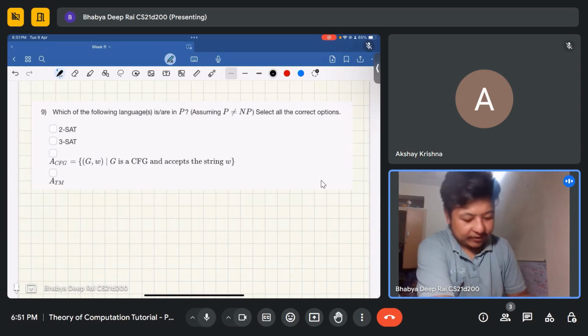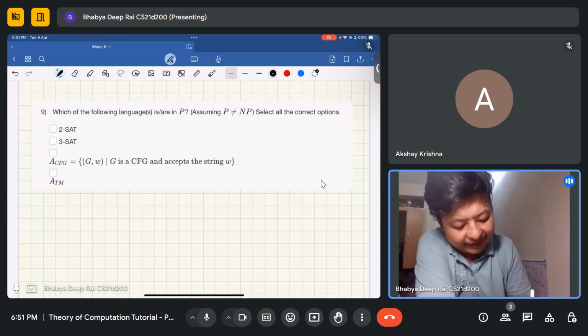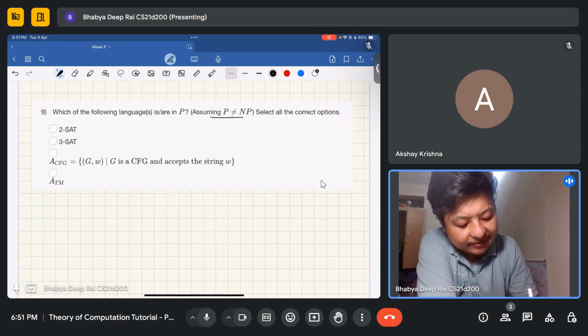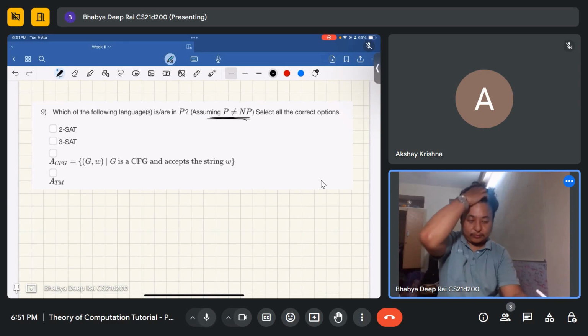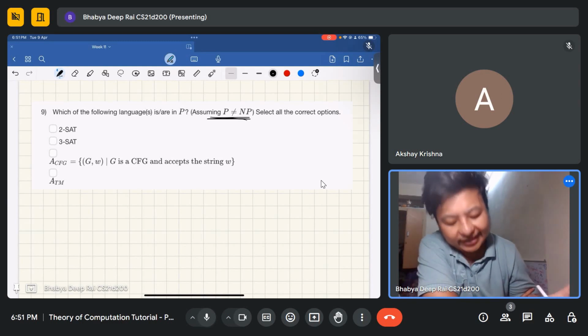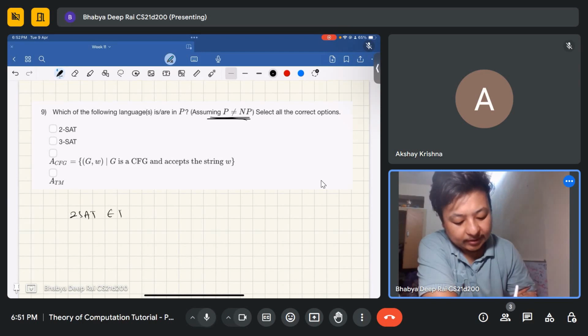Another question from the assignment. Which of the following is or are in P, assuming P is not equal to NP? Select all the correct options. Firstly, is 2SAT in P? 2SAT is in P. It is there in the lectures.